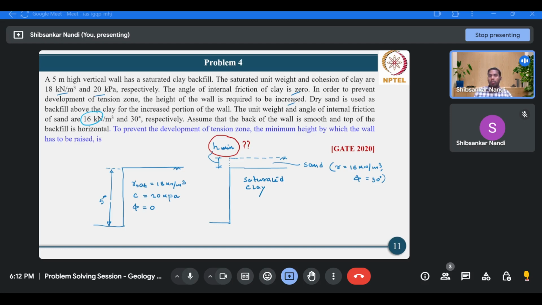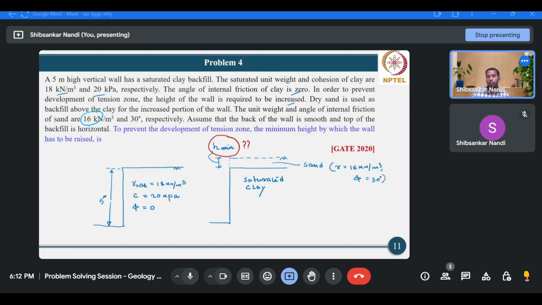This problem was basically taken from the GATE examination 2020. As you can see in this problem, it's not directly asked to calculate the depth of tension crack or the negative pressure at the top of the backfill.